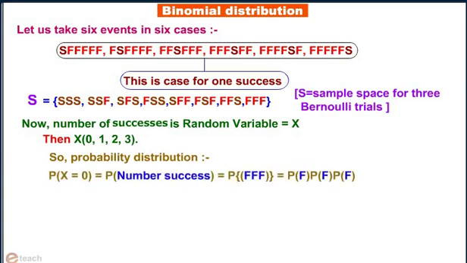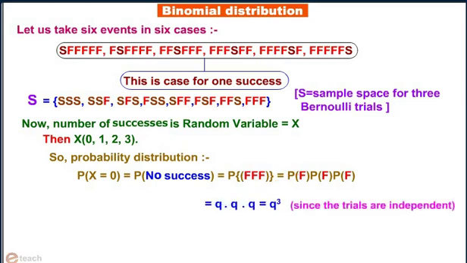So the probability distribution: P of X equals 0, the probability of no success, is equal to the probability of FFF, that is the probability of F into the probability of F into the probability of F, which is equal to multiplying q 3 times, that is q raised to the power 3, since the trials are independent.